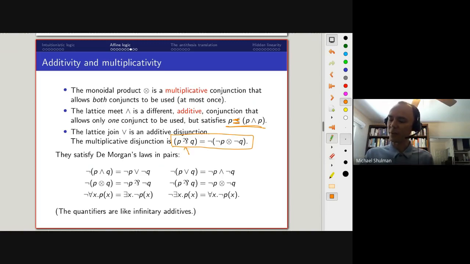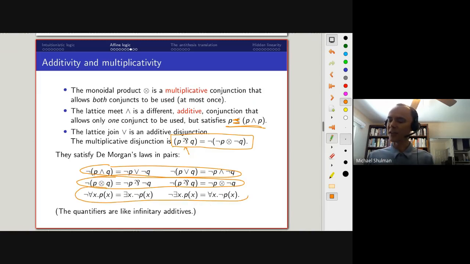Girard used this funny upside down ampersand symbol for it, and that's the standard one now, although a lot of people use a lot of different symbols for it. These things satisfy all the De Morgan's laws, but they stay in the same world, right? So the additive things satisfy De Morgan's laws in the additive world. The multiplicative things satisfy De Morgan's laws in the multiplicative world. The quantifiers, which are kind of like infinitary additives, satisfy their De Morgan's laws, relating them to each other.